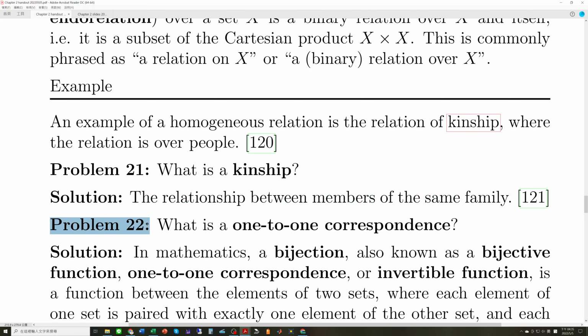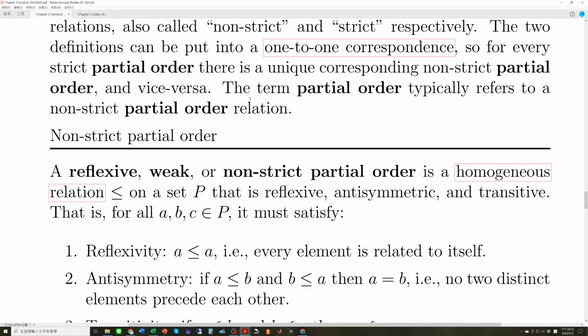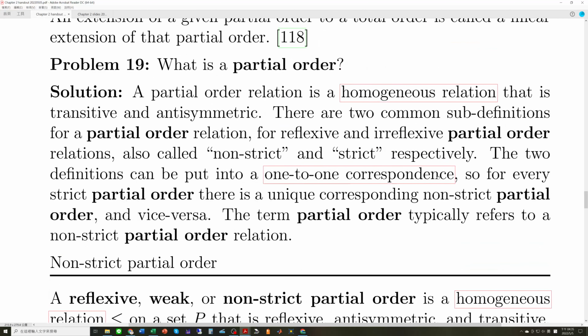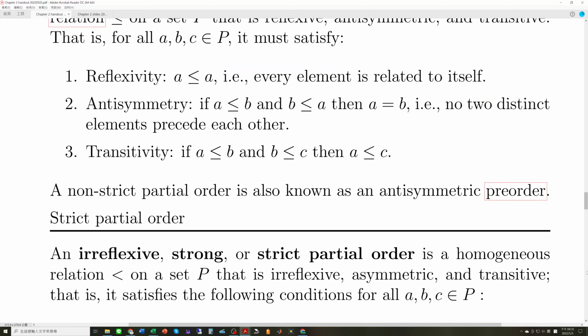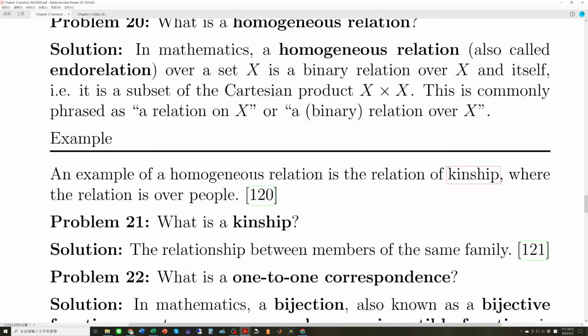Problem 22. What is a one-to-one correspondence? Why do we need to learn what a one-to-one correspondence is? Because it appears in the solution to problem 19, what is a partial order? So, solution.